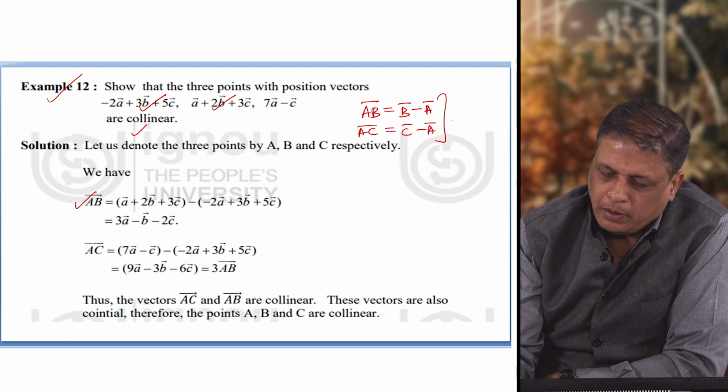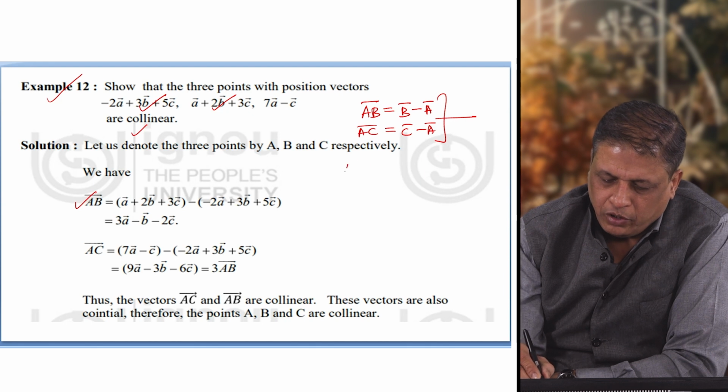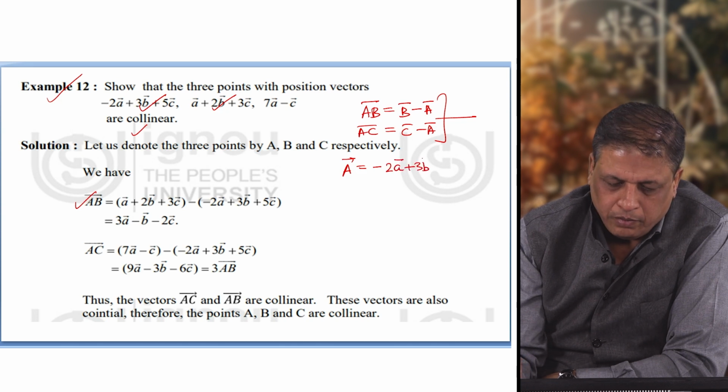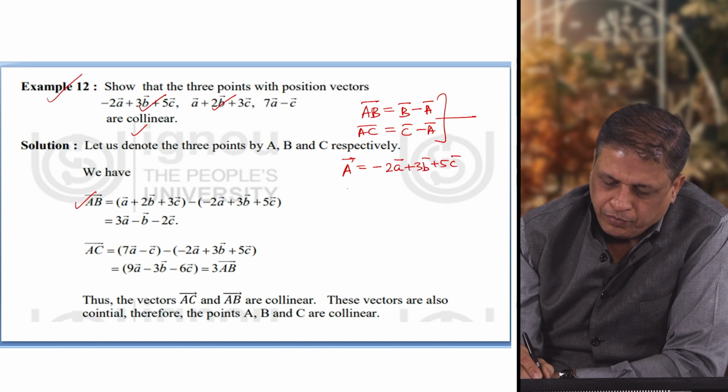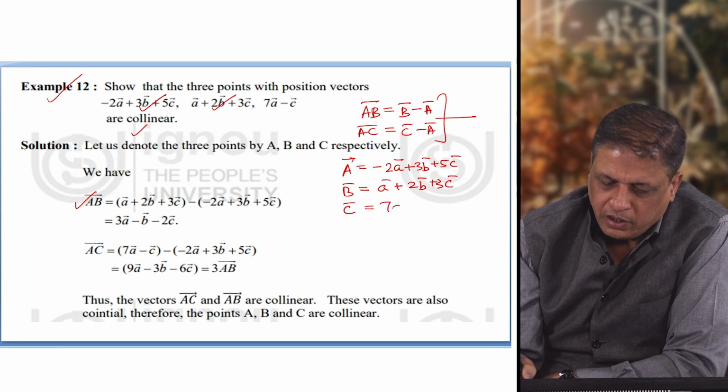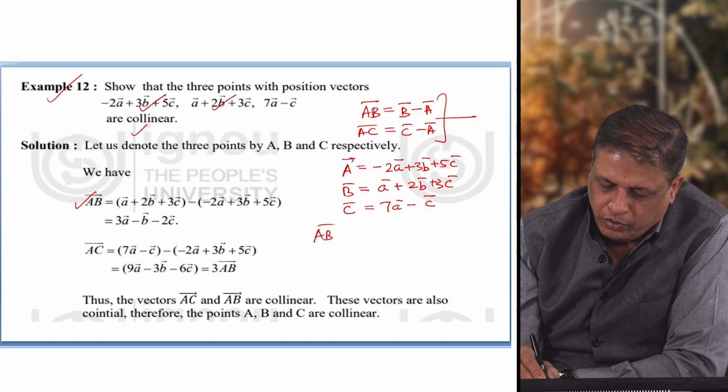If we apply this concept, then we can say that A vector is equal to 2a vector plus 3b vector plus 5c vector, B vector is equal to a vector plus 2b vector plus 3c vector, and C vector is equal to 7a minus c vector. Then AB vector will be equal to B vector minus A vector.